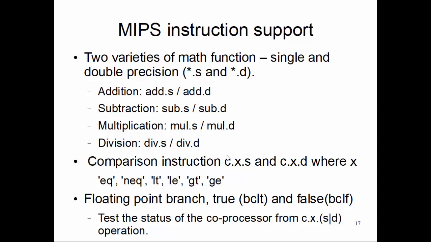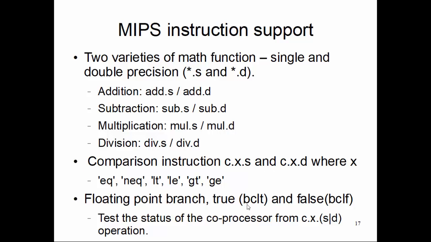C stands for comparison, S stands for single precision, and D stands for double precision, where x is eq for equal, ne for not equal, lt for less than, le for less than or equal, etc. So you will see an instruction like c.eq.s, which is a comparison for equality on single precision, and c.eq.d, which is the equality comparison for double precision. Similarly, you can see instructions like c.lt.s or c.lt.d, etc.